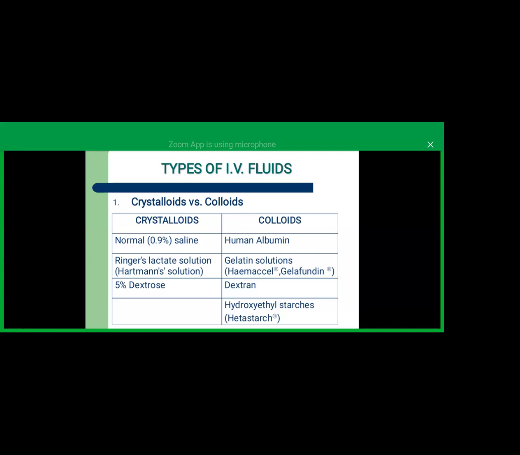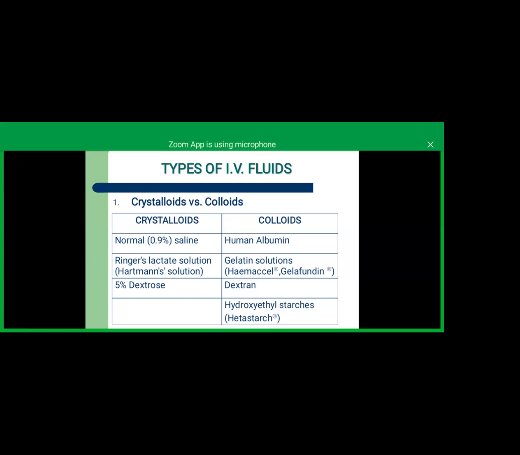The difference between colloid and crystalloid is the fact that colloid is a thick fluid. It contains a lot of proteins or a lot of carbohydrates in them that make them thick. But crystalloids are light fluids.